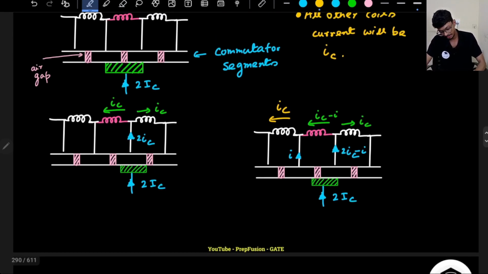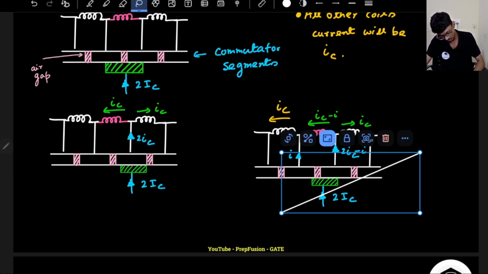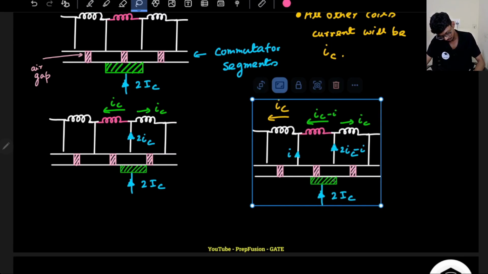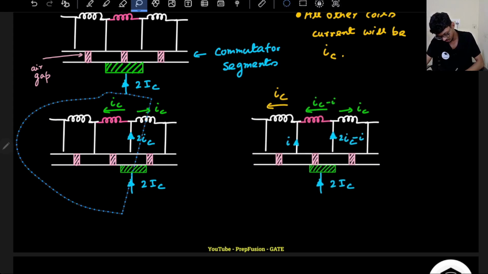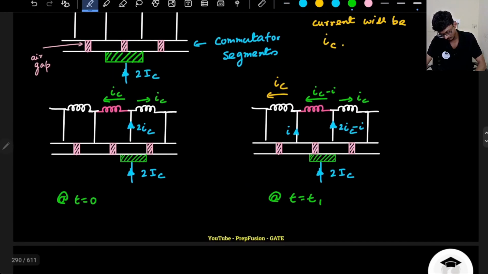Okay, so again, if I further move, let's say this is at t equals 0, and this is at t equals some t1.